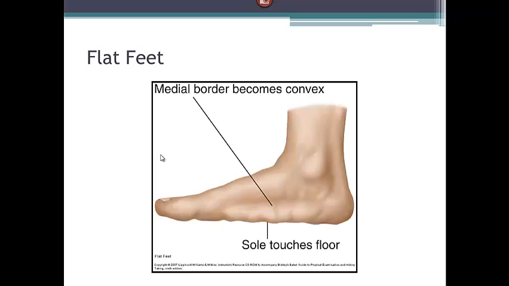You could also treat ligament laxity, and this is done by surgery. You could also tell the patients to wear closed-toe shoes, slippers, sandals.